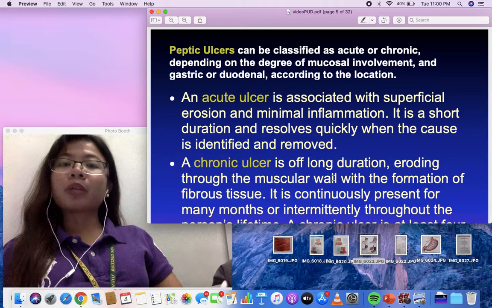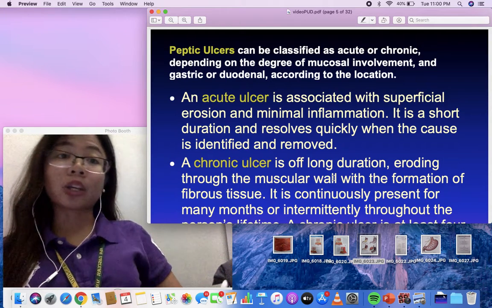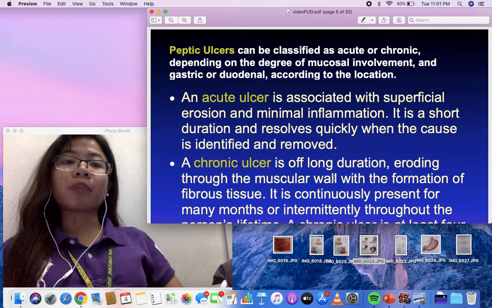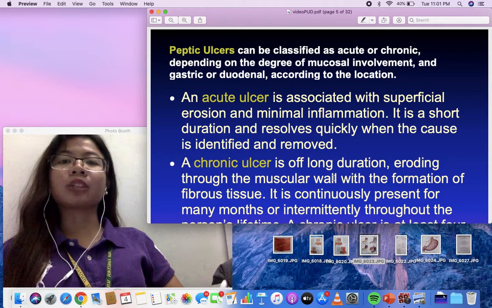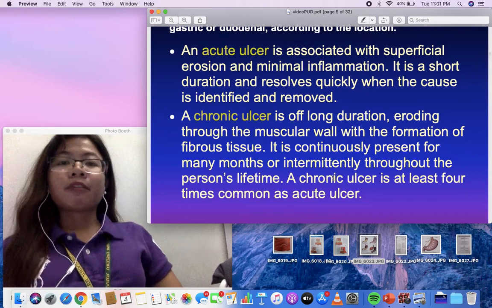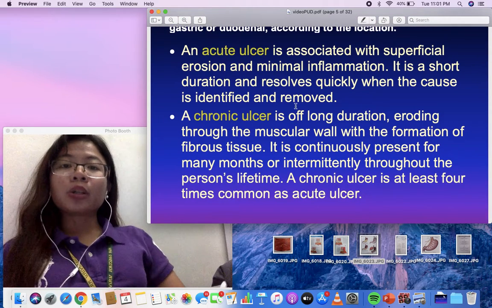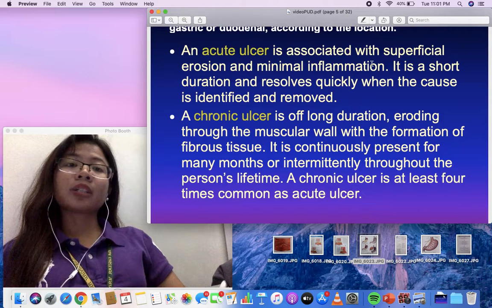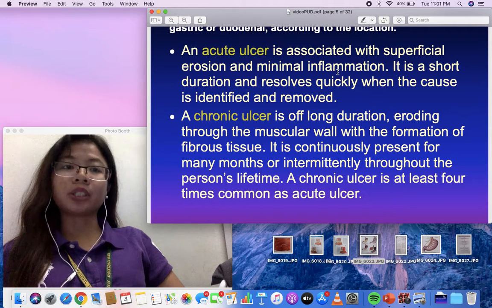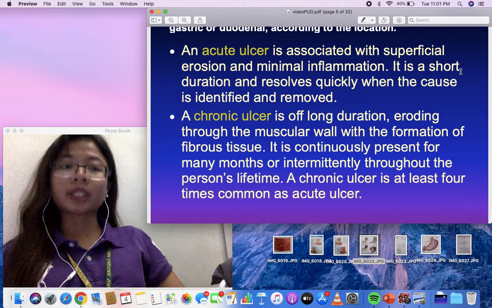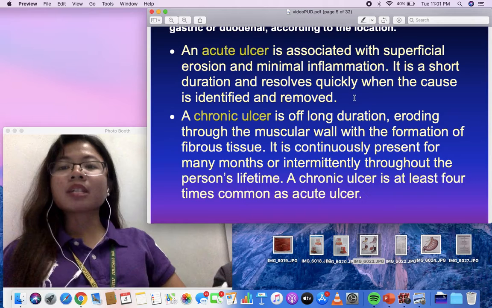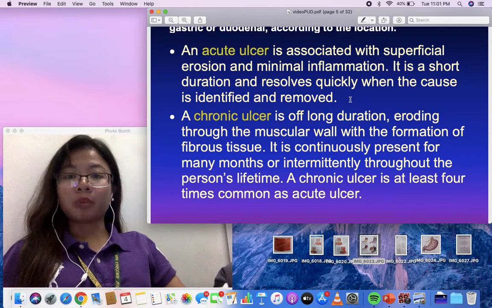So again, peptic ulcers can be classified as acute or chronic depending on the degree of mucosal involvement, and gastric or duodenal according to the location. First, an acute ulcer is associated with superficial erosion and minimal inflammation. It is of short duration and resolves quickly when the cause is identified and removed.